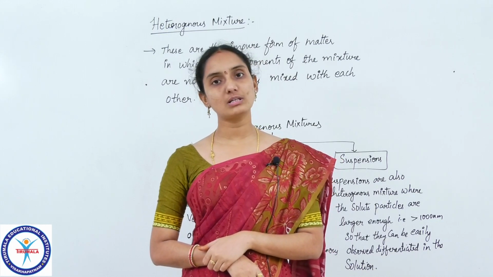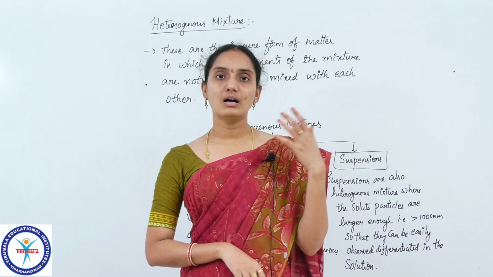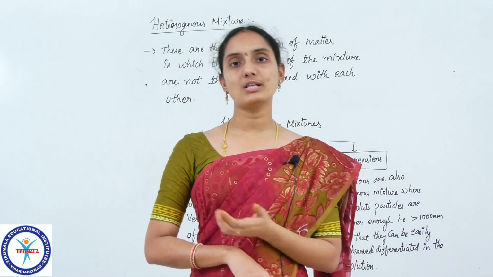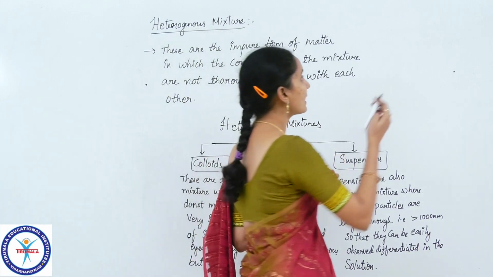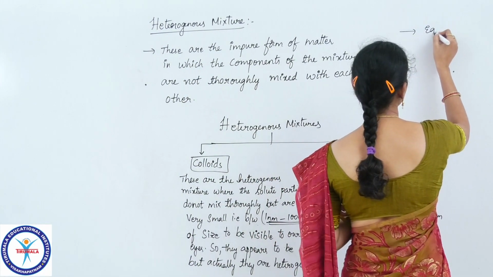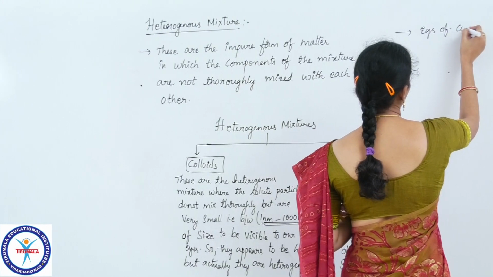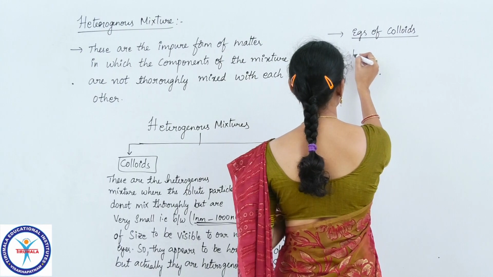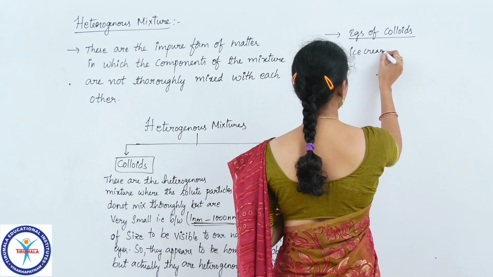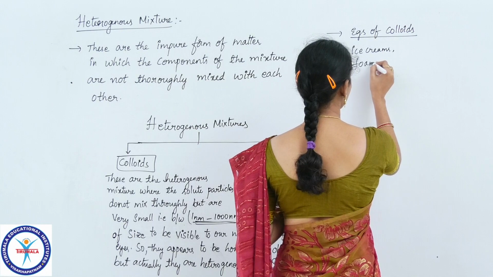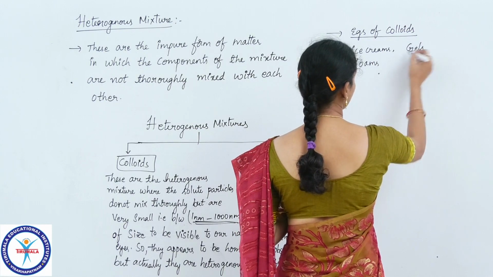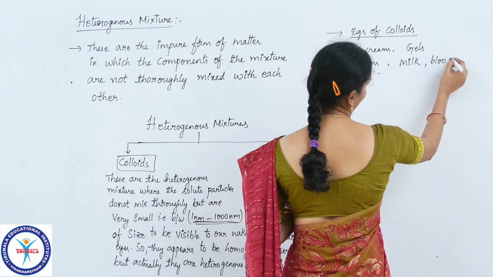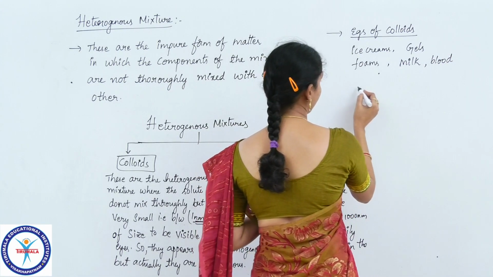In such a manner they may also ask you to identify the following substances as true solutions, suspensions or colloids. So now here I am writing examples of colloids, which include ice creams, foams, gels, milk, blood, all of which come under colloids.